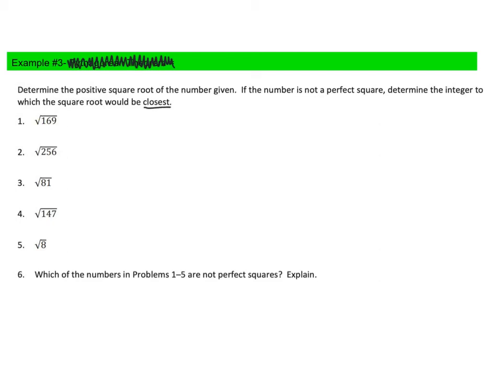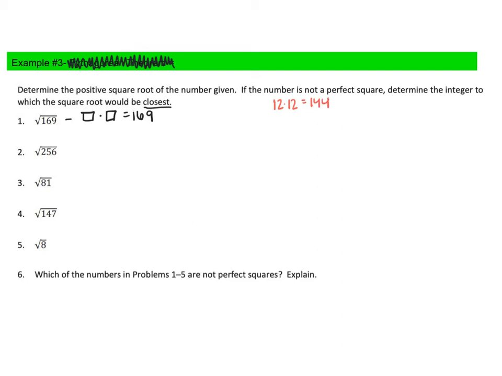So we're looking to what number does this come closest to? So we have 169. So I'm thinking, what times itself equals 169? Okay, and I'm going to start with my guess and check method. If I have a really high number like that, I start usually with 12 times 12, because I know that one. 12 times 12 is 144.